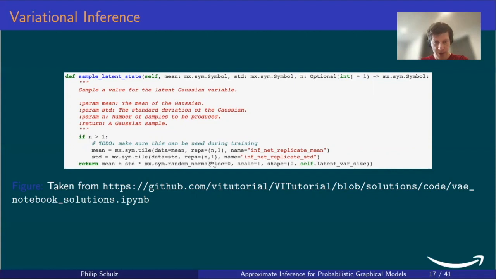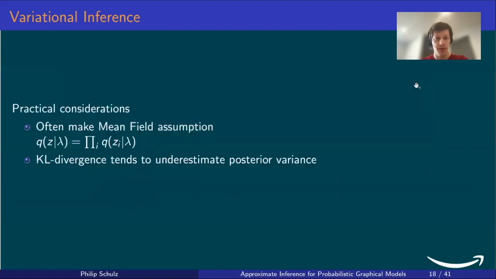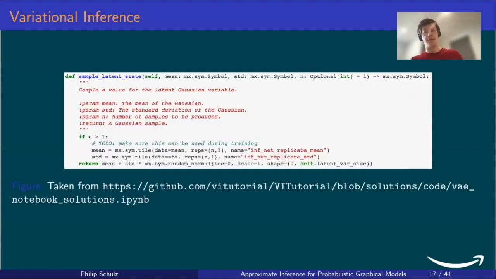This part here, the draw from a normal distribution with location 0 and scale 1, that's epsilon, right? So really it's just mean plus standard deviation times epsilon. Okay, so that's the core of the implementation. And as you see, it's one line.